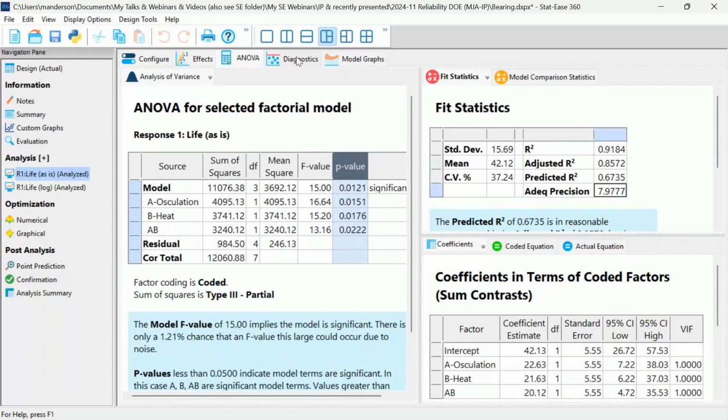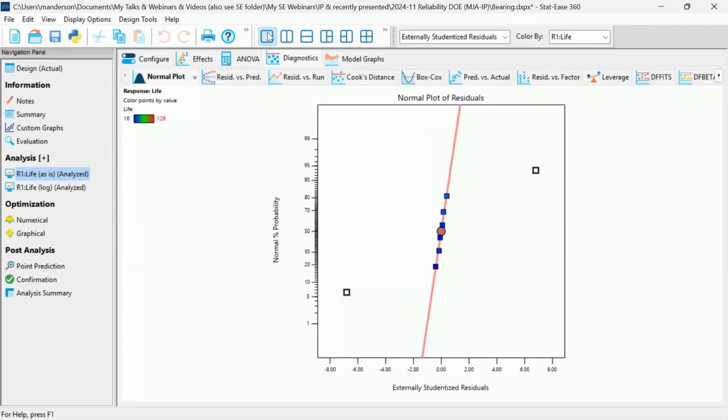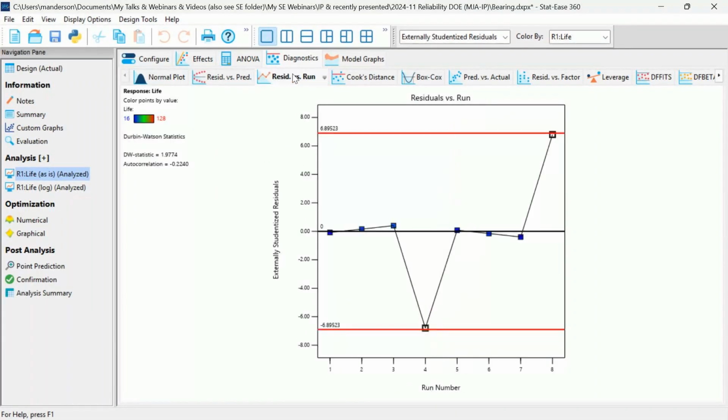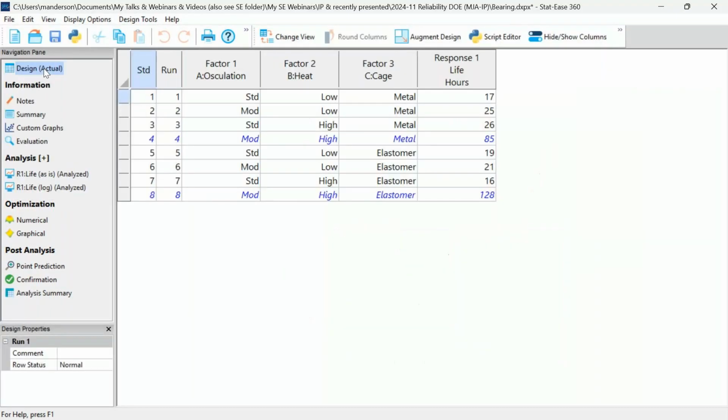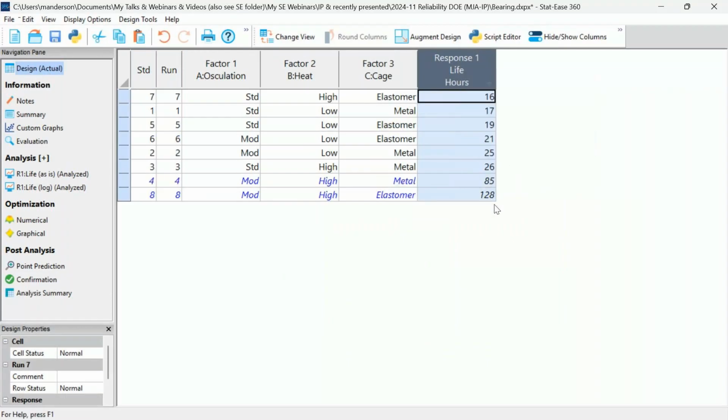But when we go to the diagnostics, then we see some things on the normal plot of residuals certainly would not pass what we call the fat pencil test. It's not in a straight line. We see on residual versus run the potential of two outliers, which I highlighted, and they're actually the two biggest life results, which is alarming.